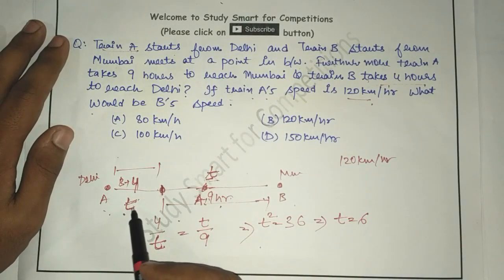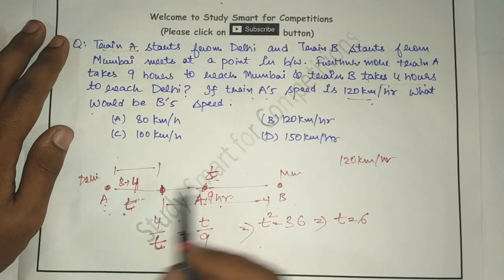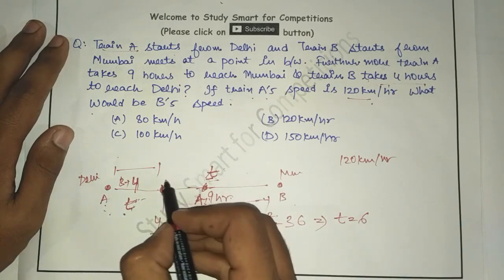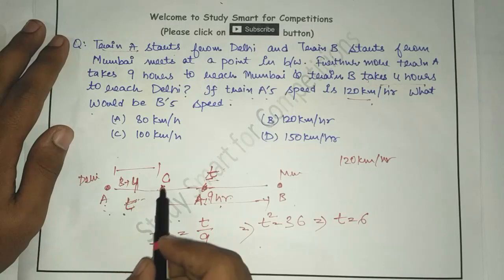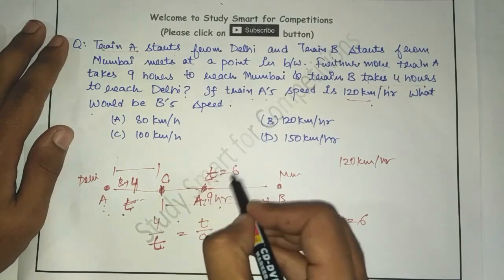So after 6 hours, the trains will meet at this point C, and T equals 6 hours.